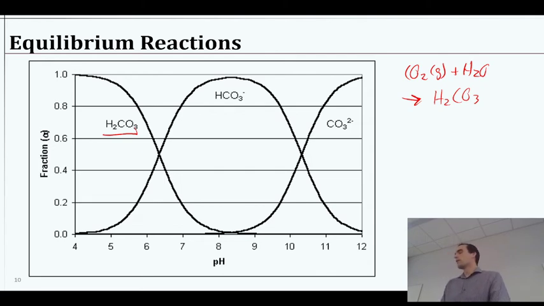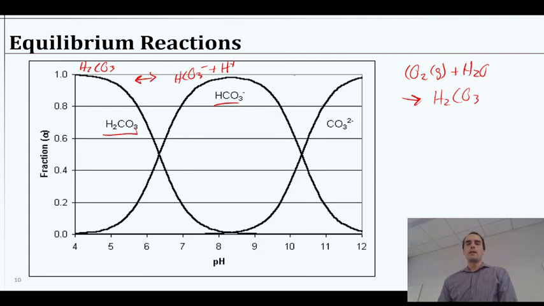We get some dissolution of the carbonic acid that then releases some H plus. So when we do this reaction, it'll be HCO3 minus plus H plus. Or it can go this way and say H2CO3 is formed by the reaction of HCO3 minus plus one proton, one H plus.